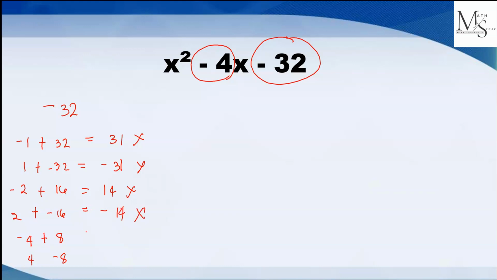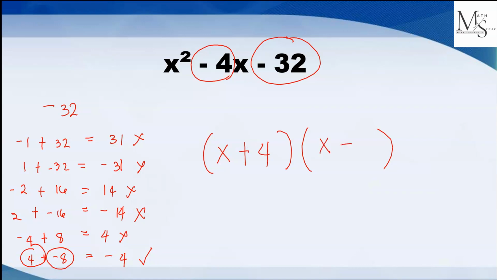Negative 4 plus 8 is positive 4. It's still not the factor we're looking for. And 4 plus negative 8 is negative 4. This is the factor we are looking for. So we will use the factors positive 4 and negative 8. Hence the factors of the general trinomial are x plus 4 and x minus 8.